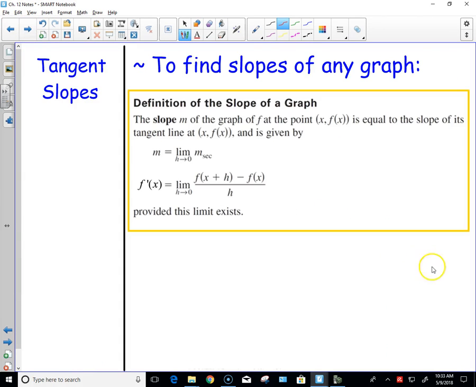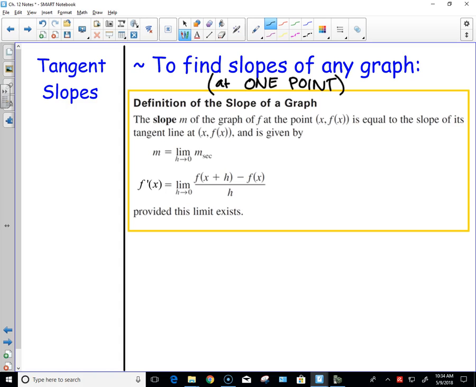To find the slopes of any graph at 1 point, specifically talking about the slopes at 1 point, not the average slopes, not the average rate, but the instantaneous rate, aka the slope of the tangent line, we had this following definition.